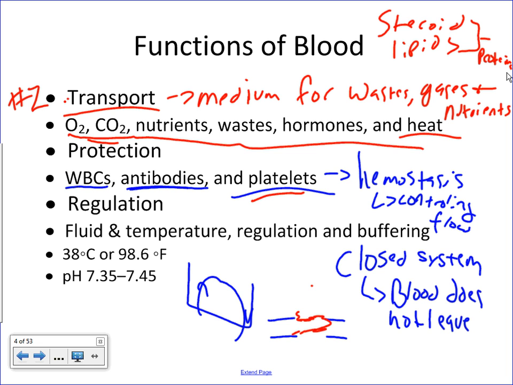Blood circulating around the body, through different mechanisms between the brain and the kidneys, monitors blood pressure and blood composition levels, osmolarity to be specific, which allows us to monitor fluid levels as well. But again, the number one function is transport.